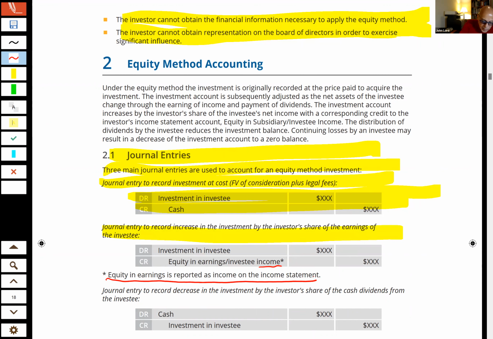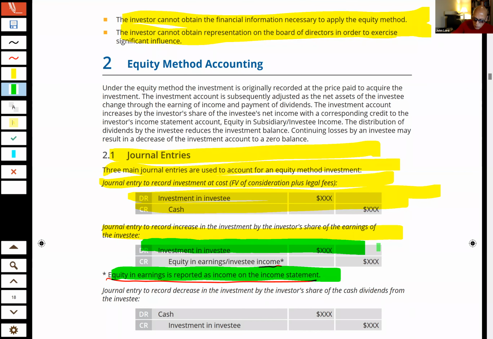That gets a little confusing because they call it equity, and to me, equity kind of means something on the balance sheet. On the income statement, you report your share of the subsidiary's income. So you take the percentage you own times their income. That's the amount that gets reported on the income statement, and the debit will go to the investment account.